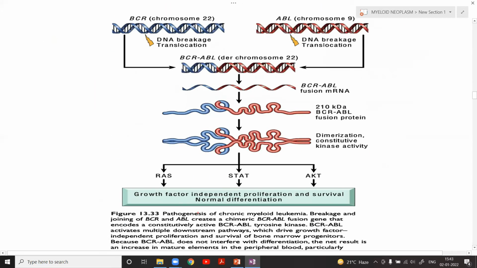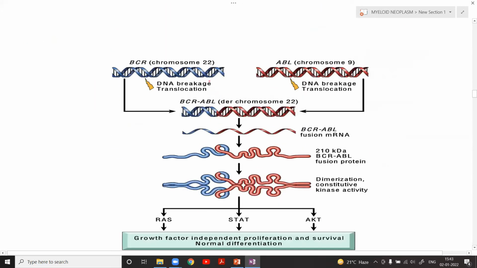Looking at the pathogenesis, as I have shown you, a portion of the BCR in chromosome 22 and a portion of ABL in chromosome number 9 come together at the level of chromosome number 22 and form a gene called the BCR-ABL gene. This is the gene that is formed, that is basically giving rise to an mRNA, which is going to synthesize a protein, your BCR-ABL fusion protein, which is 210 kilodalton in size.